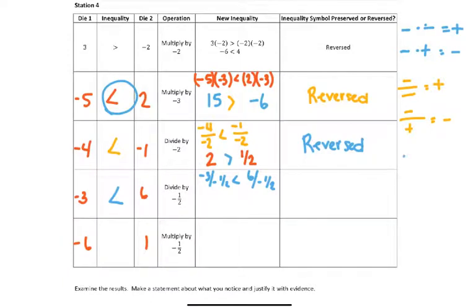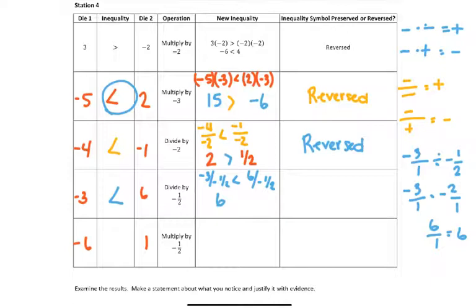So we have -3 over 1, and we're dividing that by -1/2. So remember, that means that we have -3 over 1, and we're going to multiply that by -2 over 1. So we have 6 over 1 now, and so we can write that as 6. So we have 6 on the left side of our inequality, and now we have to figure out the right side.